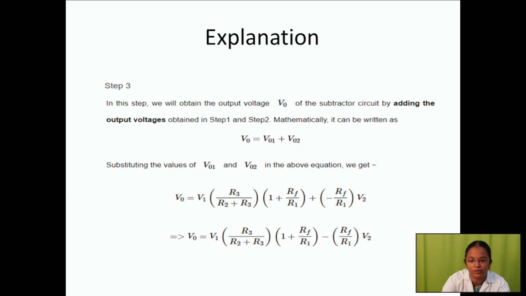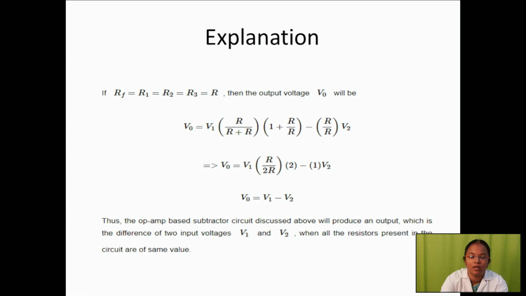Next we assume R1 equals R2 equals R3 equals RF. If we substitute all the resistance values as R, in the first term we have R divided by 2R, then 1 plus R by R, then minus R by R. So V0 equals V1 into R divided by R plus R into 1 plus R by R, minus R by R into V2.